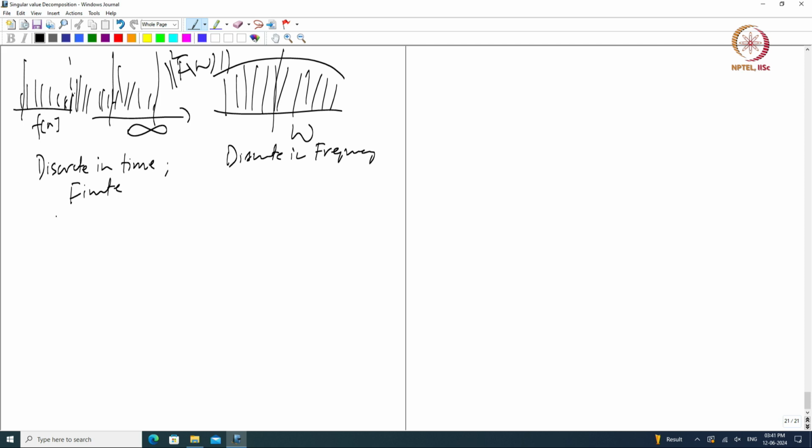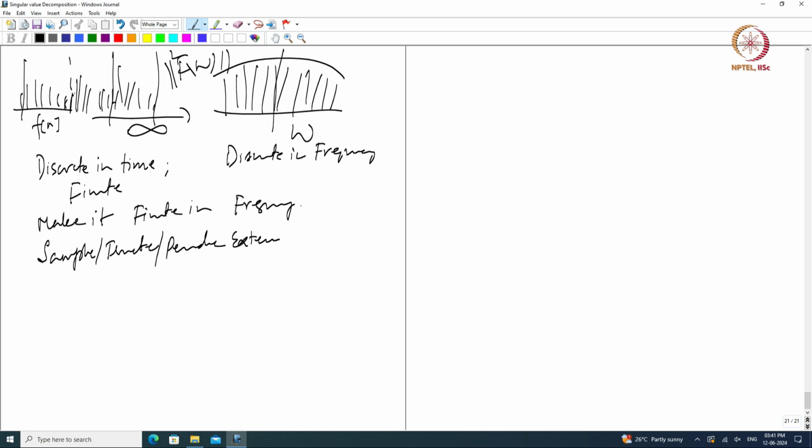So, next effort is to make it finite in frequency. This we sample, truncate, periodic extension, etc. Various versions are there.